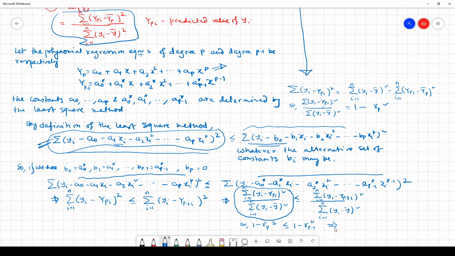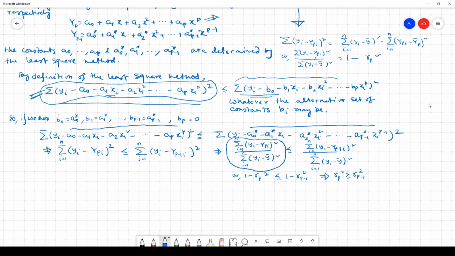So this implies rp square is greater than or equal to rp minus 1 whole square. So this means if you increase the degree of polynomial, the value of the correlation index also increases. That means you explain more of yi if you increase the degree of polynomial.